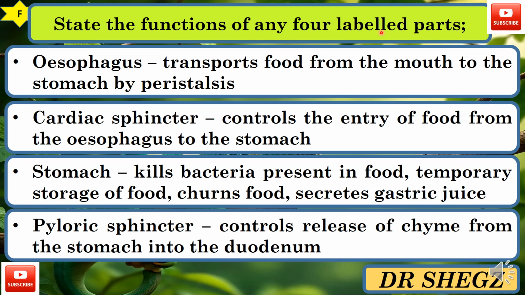The stomach kills bacteria present in food and serves for temporary storage of food. It churns food and secretes gastric juice, which has pepsin and renin, which aid in digestion of proteins. Then your pyloric sphincter controls release of chyme, it's CHYME, from the stomach into the duodenum.